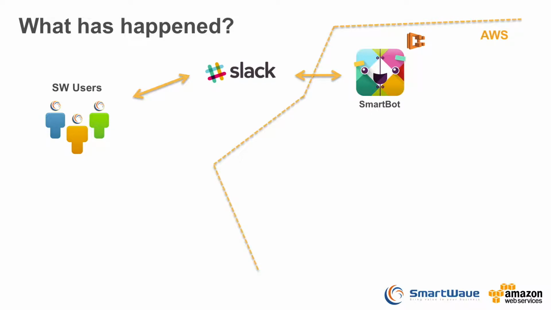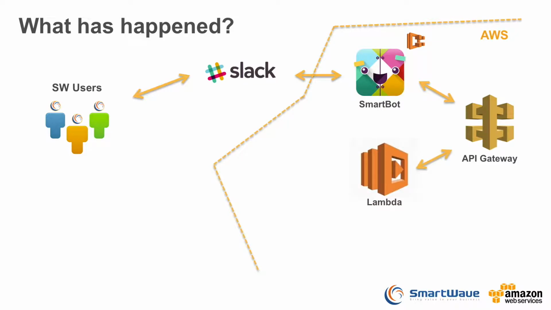So when I ask the bot to list the available smart apps or to start the awesome day app, this was sent by the SmartWave user to Slack, then to the bot, that finally triggered a call to our API gateway that is exposing Lambda functions.